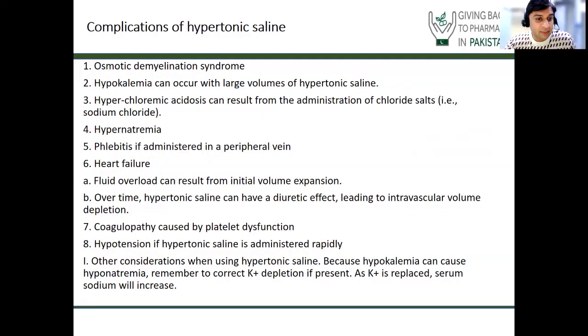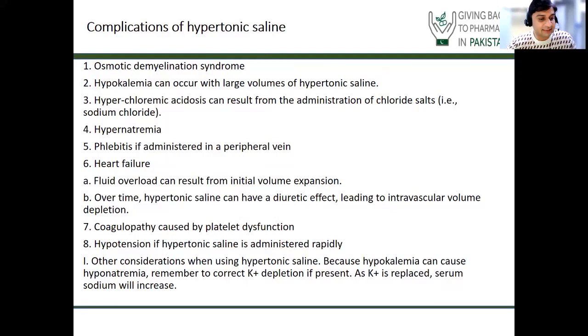So hypokalemia can occur with the large volumes of hypertonic saline. Always remember, all the patients who are on hypertonic saline, always remember to check their potassium levels. Similarly, hyperchloremic acidosis, because you are giving too much sodium and too much chloride, and that can cause hyperchloremic metabolic acidosis. Phlebitis, if you give it through the peripheral line. Heart failure, they are volume sensitive.